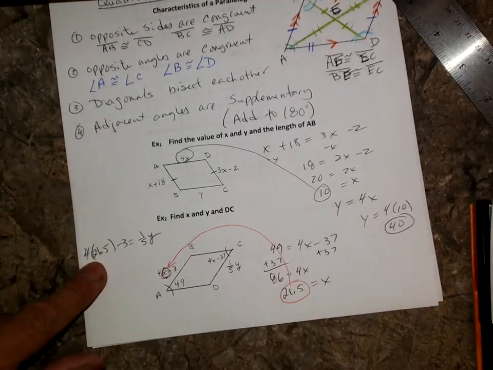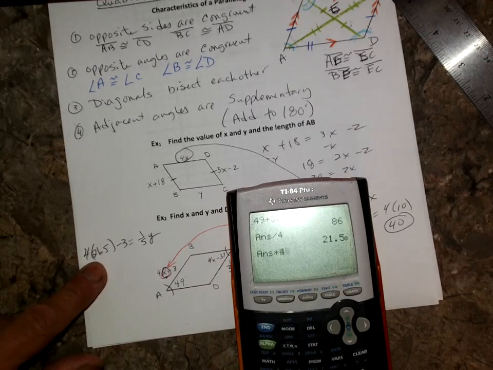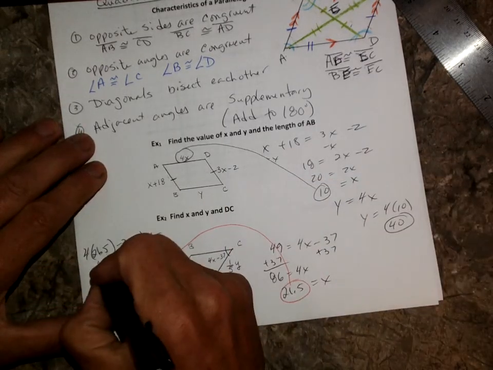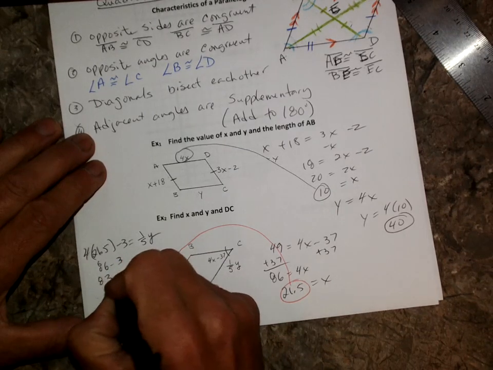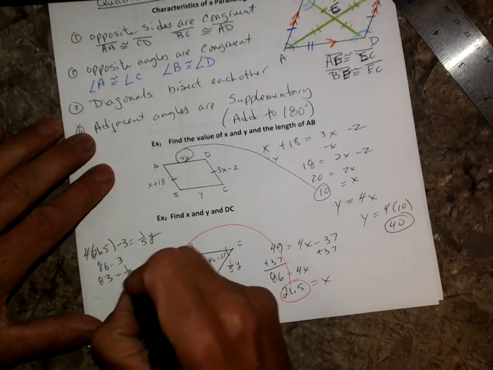Well, use my calculator. What is 4 times 21.5? Times 4, and I get 86. And then I'll subtract 3, so 86 minus 3 is 83 equals 1/5 y.